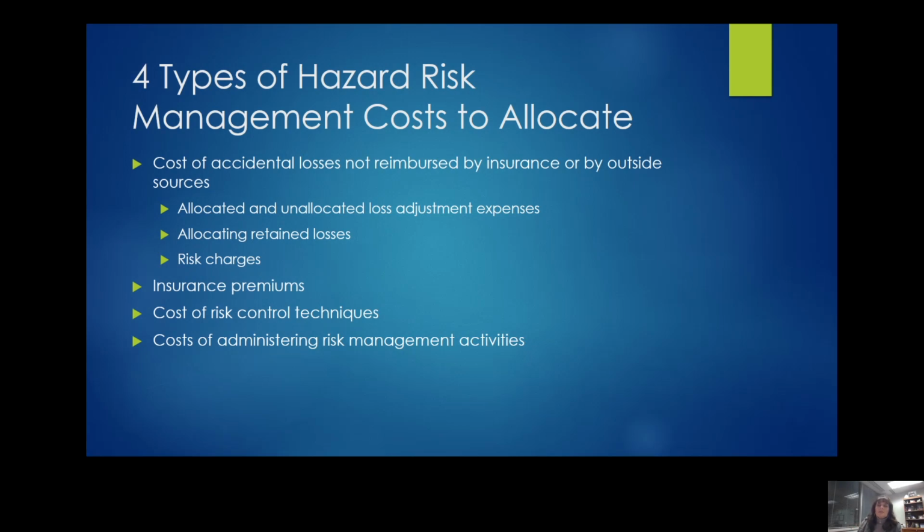So maybe premiums is based on a prorated revenues amount, where risk control can actually be tied to the specific department that spent the money on it. Salaries and claims handling, a lot of times it's hard to allocate fairly, but it's something we could look at as an organization.